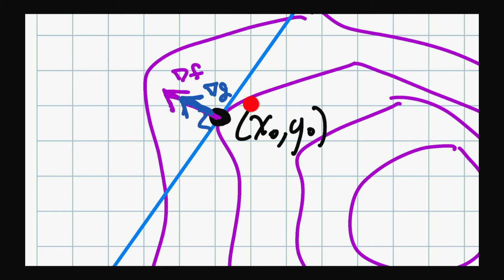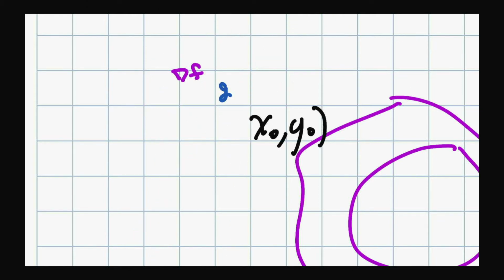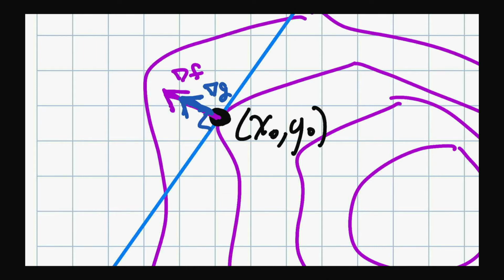But because the two curves are tangent, the two gradients point in the same direction. Or actually, it would have been possible for the gradient to point in the opposite direction as well. That would have worked fine in the definition as well. But the point is that the two gradients have to point either in the same direction or the opposite direction, just based on the fact that they're tangent.